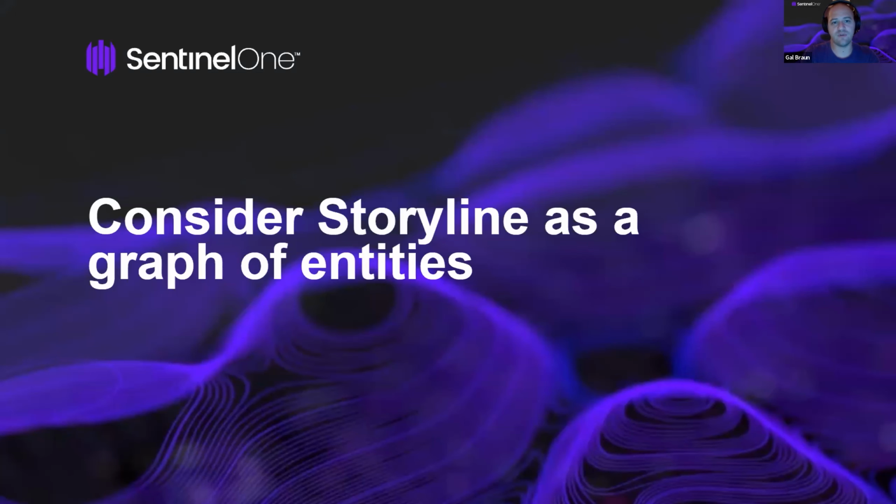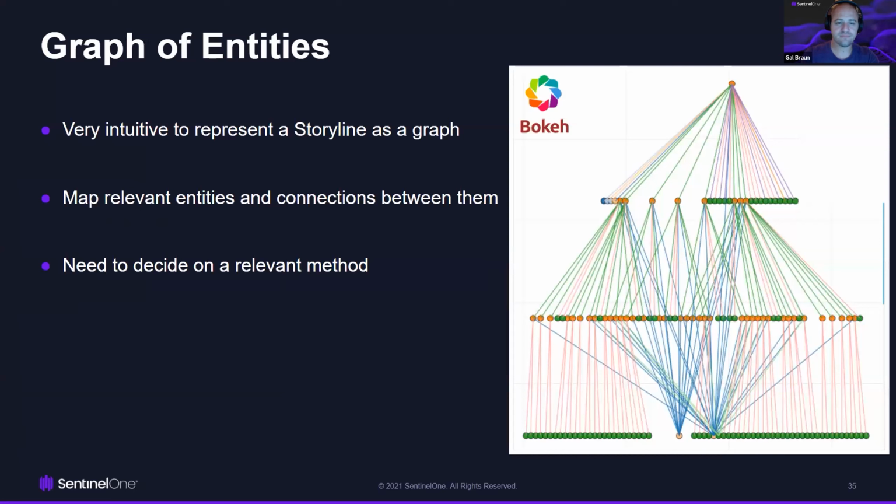So the second approach that we wanted to try is to consider the storyline as a graph of entities. Here on the right, you can see a storyline that I used bokeh to visualize as a graph. Here, each circle represents some entity, like a process or a file, and each line between those entities represents an event.